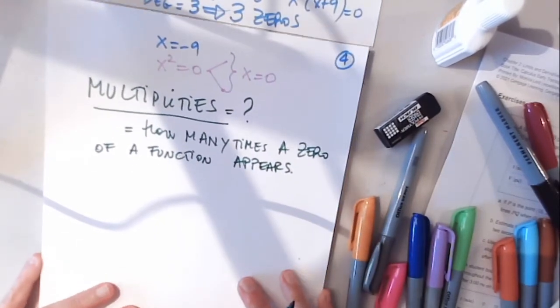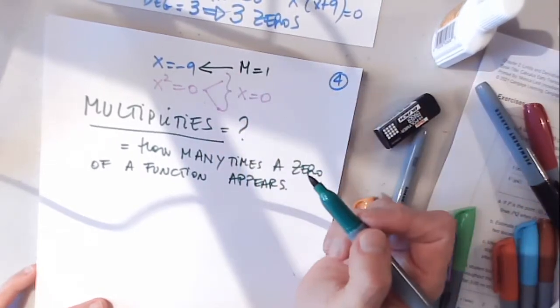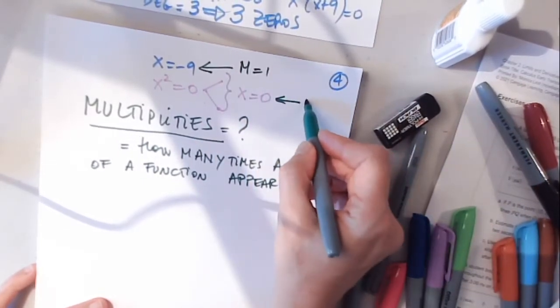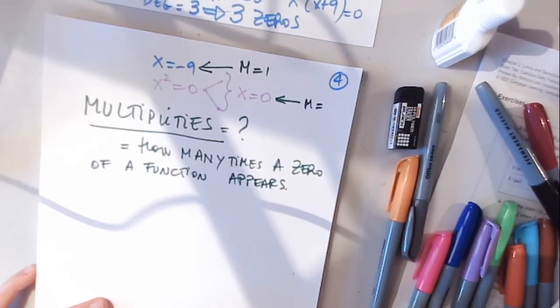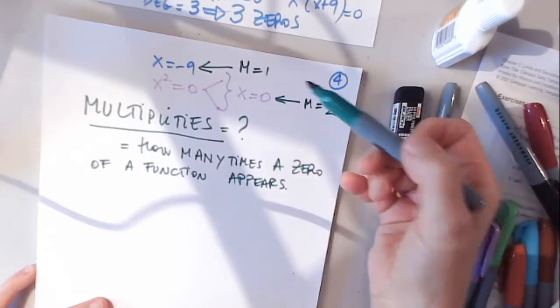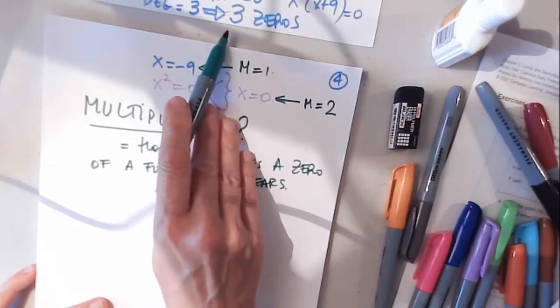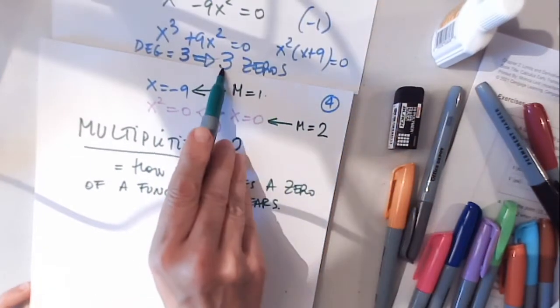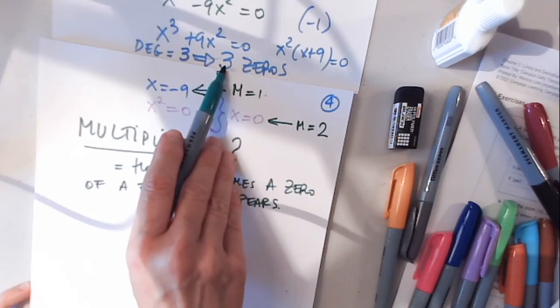How many times? Well, this one has multiplicity 1. But this one has multiplicity 2. Excellent. 1 plus 2, the number of multiplicities. 1 plus 2 has to equal the number of zeros. Always 1 plus 2 has to equal number of zeros.